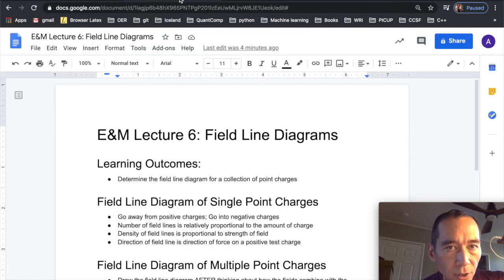So if you look back at my list here of topic pieces, look at this. The field lines go away from positive charges, go into negative charges.